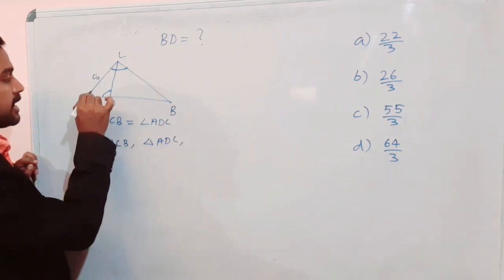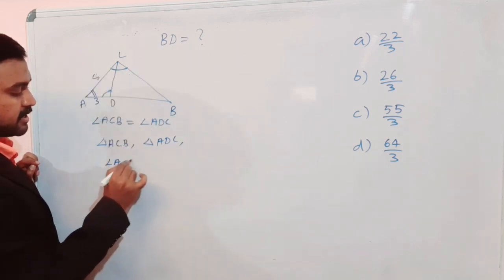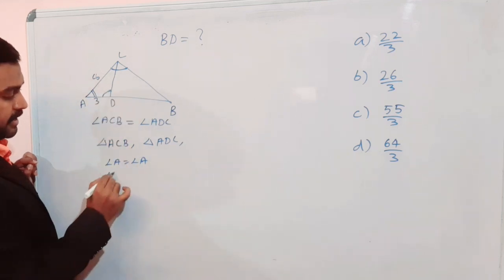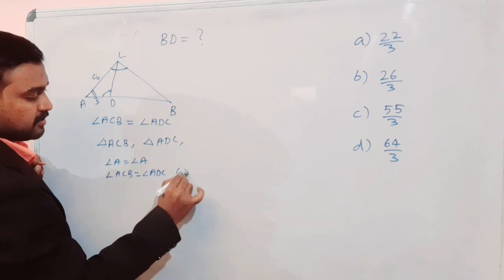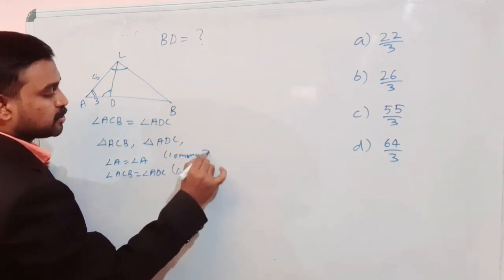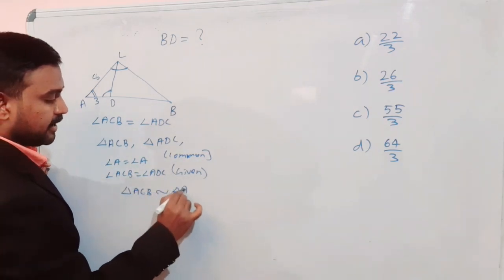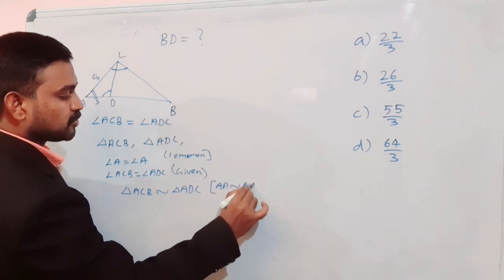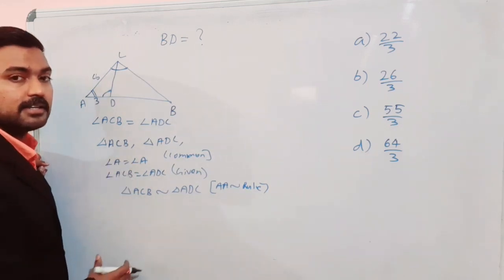Now we can check that angle A is common to the small triangle and the big triangle, so angle A is equal to angle A. And angle ACB is equal to angle ADC, which is given in the question. So what can we say? These two triangles are similar. Therefore triangle ACB is similar to triangle ADC by the AA similarity rule. If two triangles are similar, then their sides are in the same ratio.